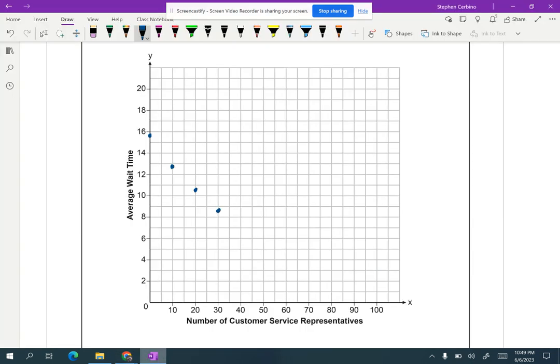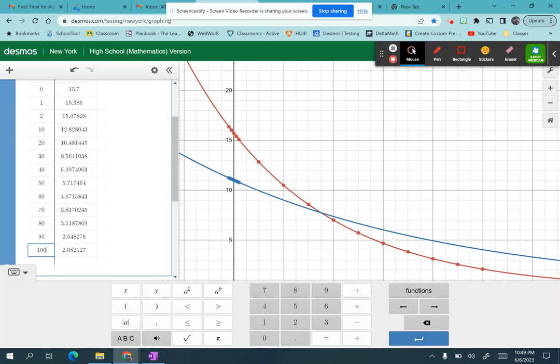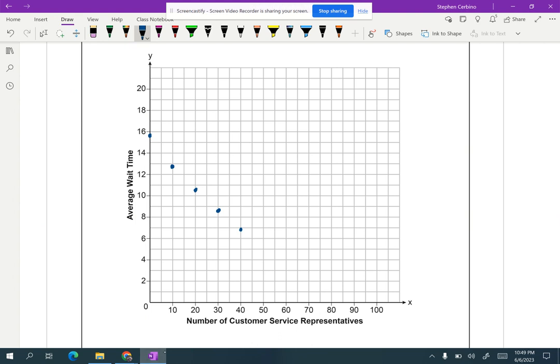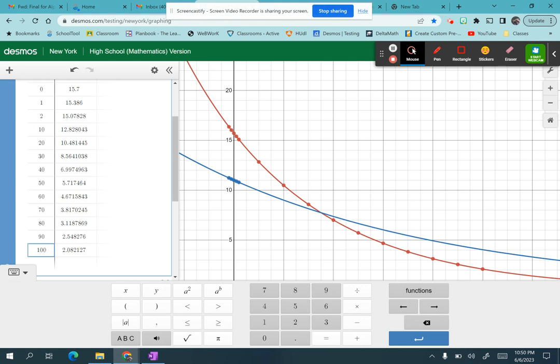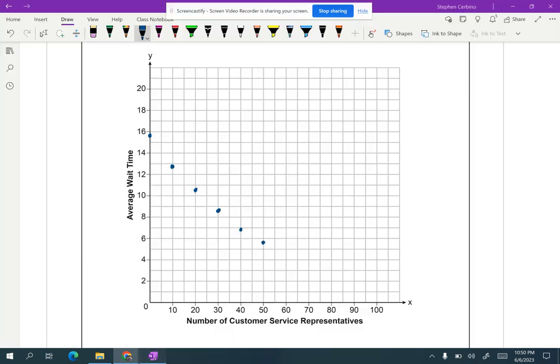40 is at almost 7. 50 is at 5.7, so almost 6. 60 is at 4.6.